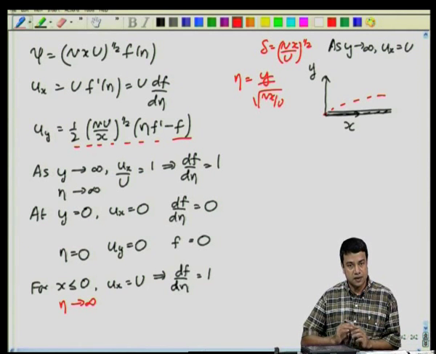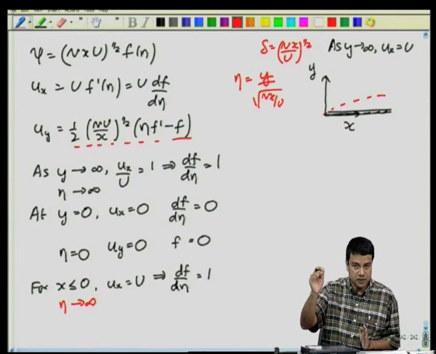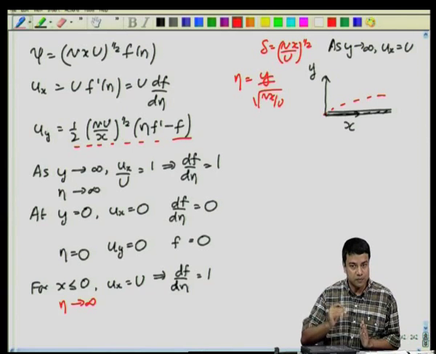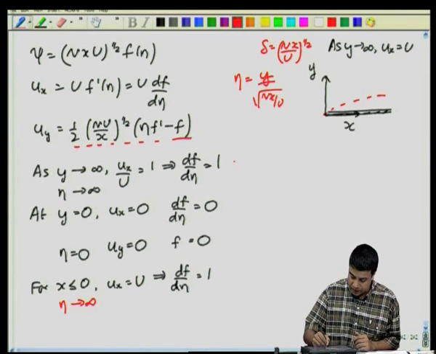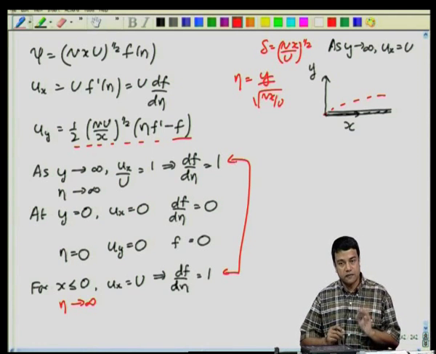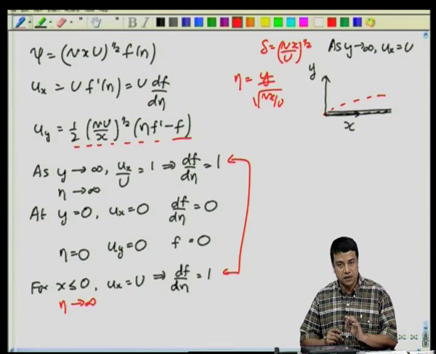You can see that either the upstream edge or far away from the plate as y goes to infinity, they are the same in the eta coordinate. The boundary conditions are also the same. These two boundary conditions are at different locations in x and y, but they are the same location in the similarity variable eta.